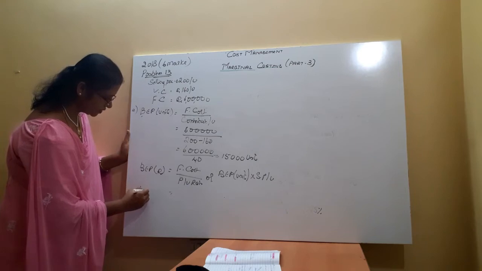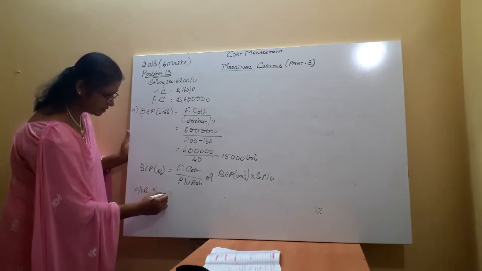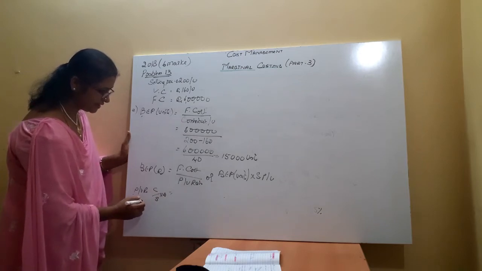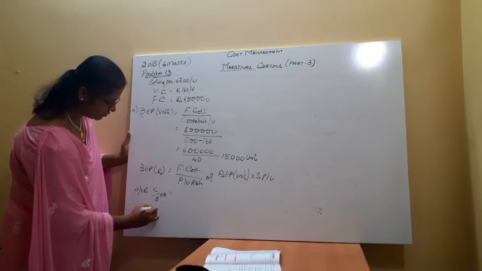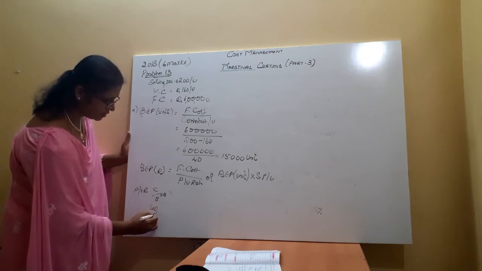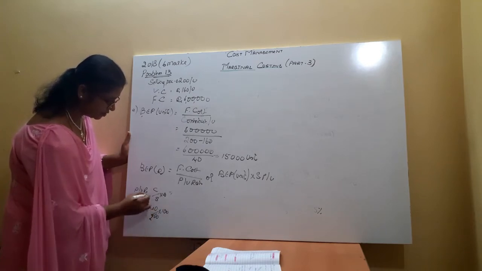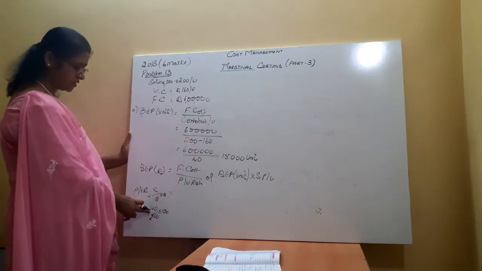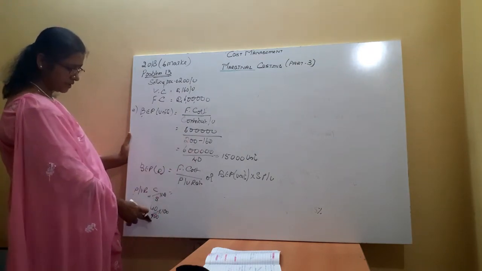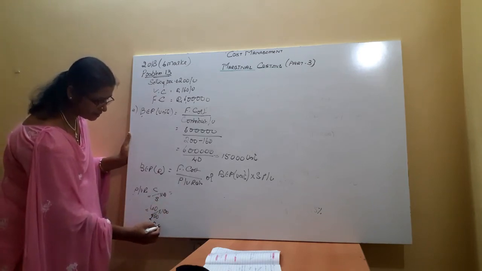PV ratio is contribution divided by sales into 100. That is 40 divided by 200 into 100. See, 200 minus 160 is 40, divided by selling price 200, into 100. You get the PV ratio as 20%.